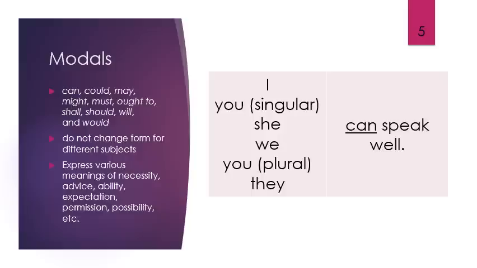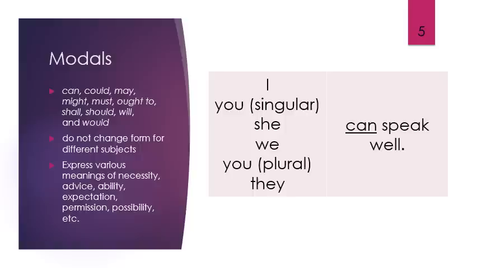For example, you have a small table here on the right of the slide. We have a few pronouns written here on the left, and towards the right are three words written. Let us link the first pronoun with the sentence first. I can speak well. So can is a particular modal here that is expressing ability. You're able to do something, so I can speak well.